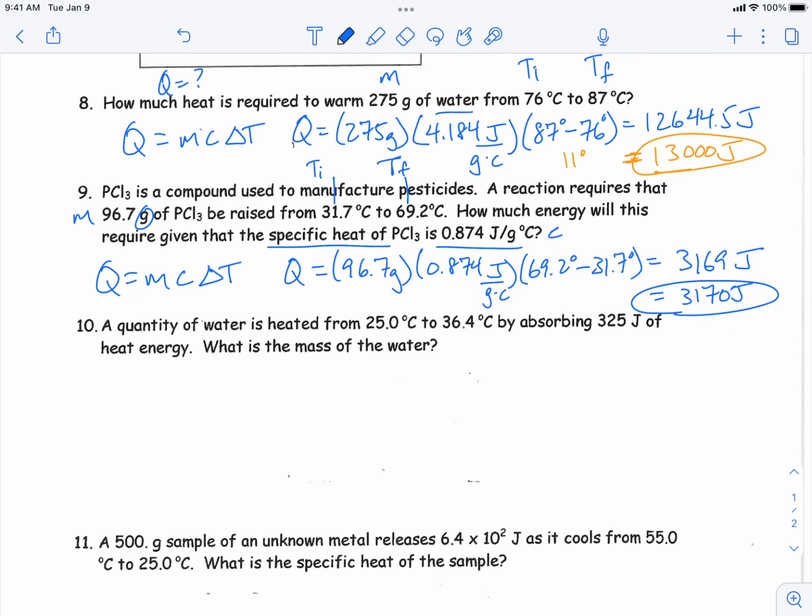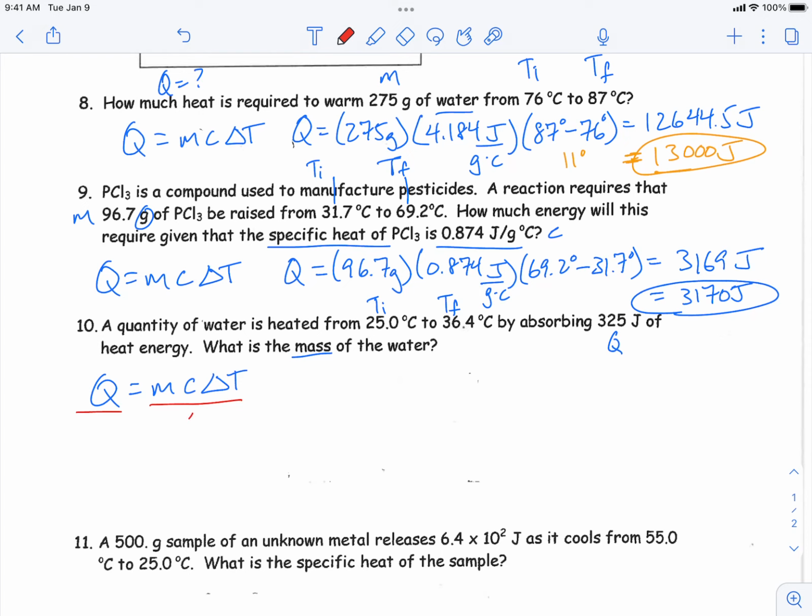Number 10 says the quantity of water is heated from 25 to 36.4, and it's absorbing 325 joules of energy, which is our Q, and wants to know the mass. So my formula is Q equals M times C times delta T. Whenever I'm solving for anything other than Q, I like to rearrange it to get that variable by itself.